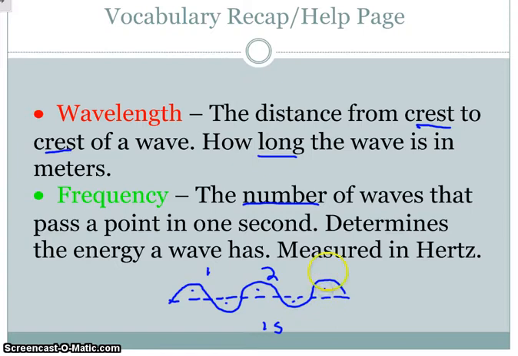And then you would count this right here as kind of a half a wave, because we just have a crest. So there I have 2.5 waves. I could say 2.5 waves over 1 second, so that's equal to 2.5 hertz, because that's the unit for frequency here. So, number of waves per second, and then wavelength is the distance from here to here.